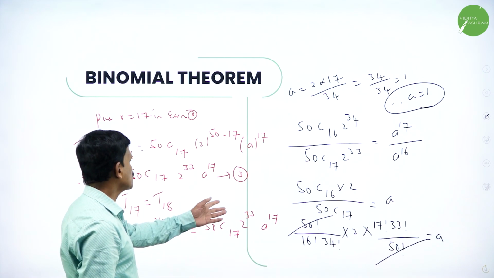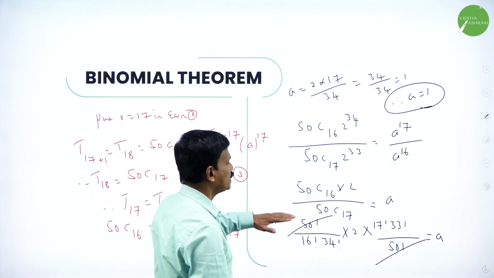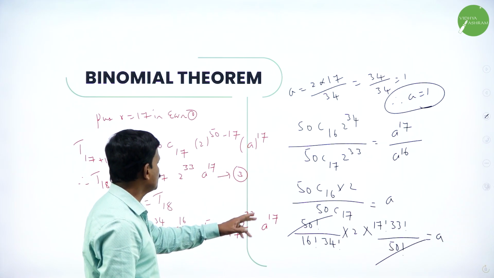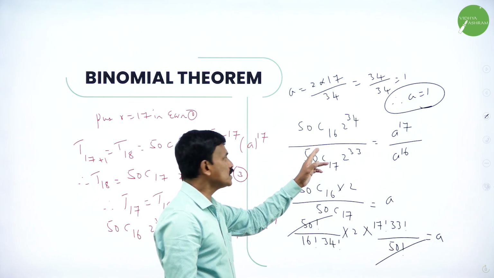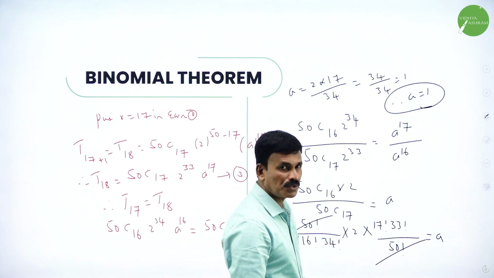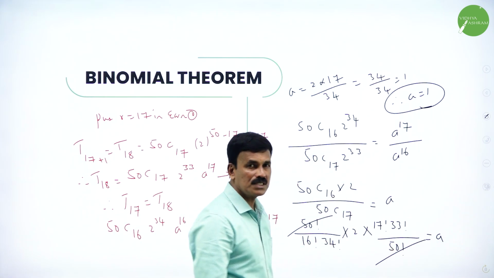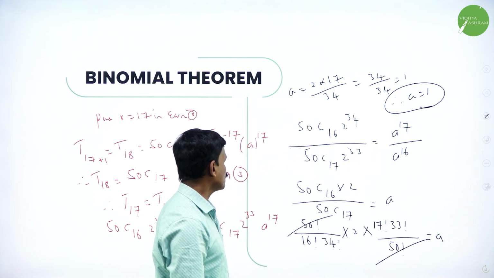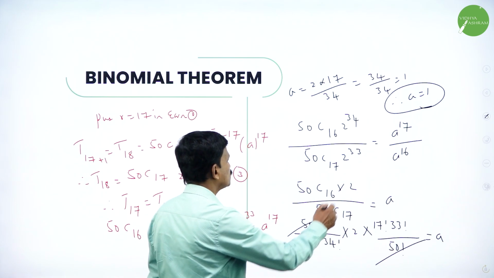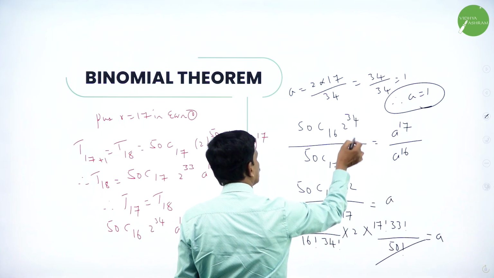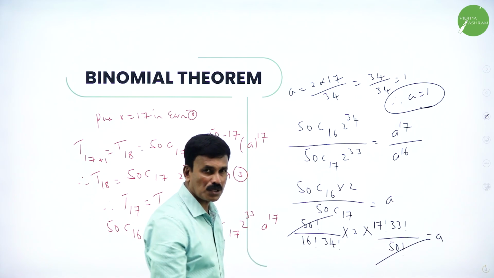Very simple. Just find out the 17th and 18th term are equal. So, therefore, a to the power of 17 by a power 16 is equal to 50C16 into 2 to the power of 34 divided by 50C17 into 2 to the power of 33. So just cancel the terms. So 16 gets cancelled here. 33 gets cancelled, 2 to the power of 1.